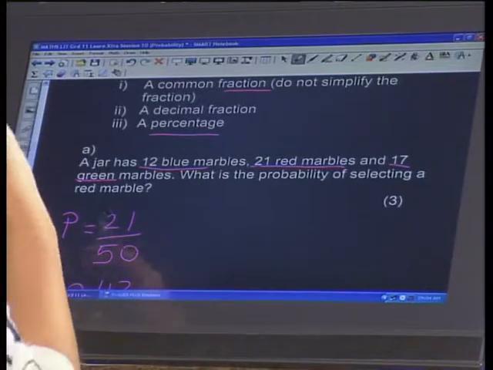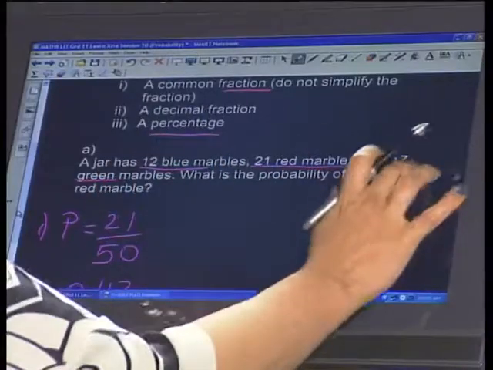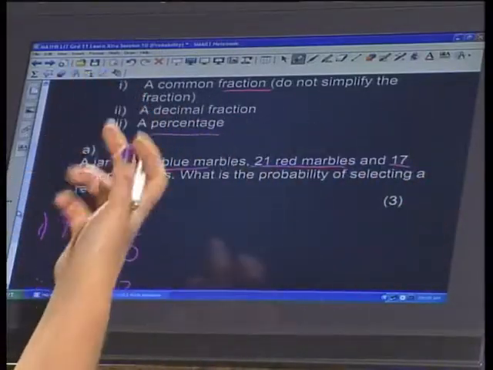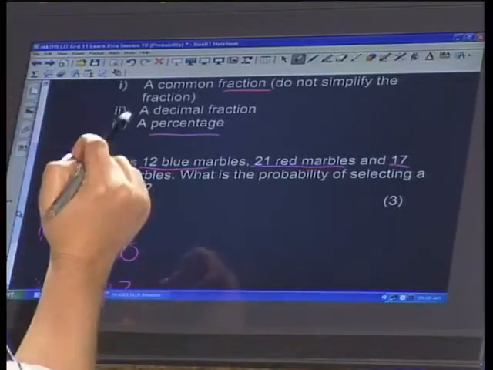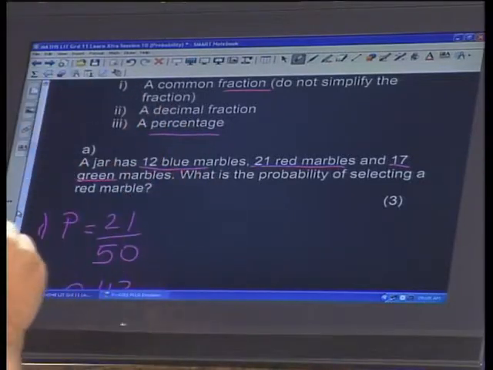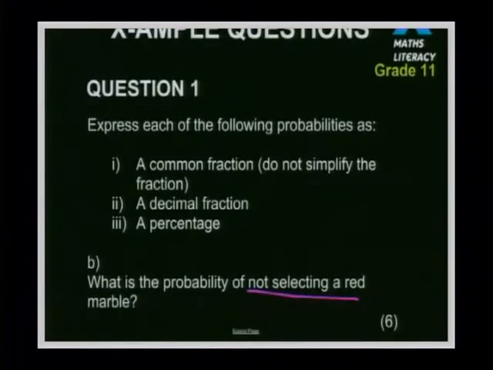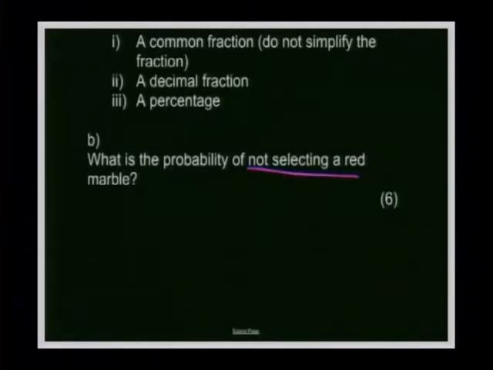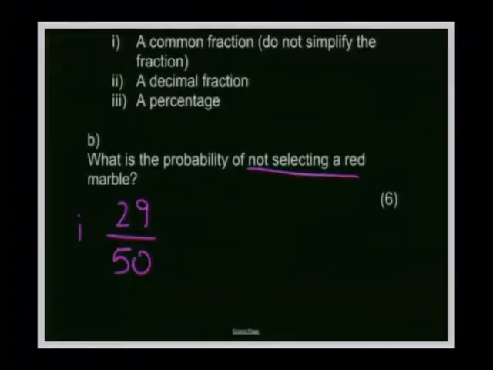What I can do is add the blue and the green together: I've got 12 blue and 17 green, which gives me 29 that are not red. So my possible outcome is 29 out of a total possible 50. That hasn't changed. We're assuming that we have replaced the last marble that we put in. So that's part one of my solution.